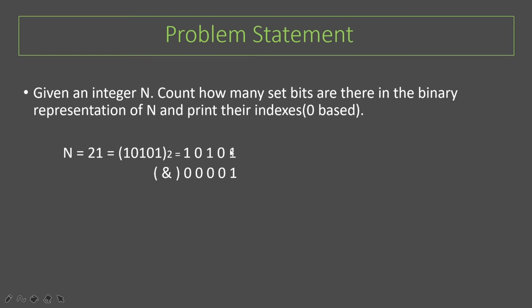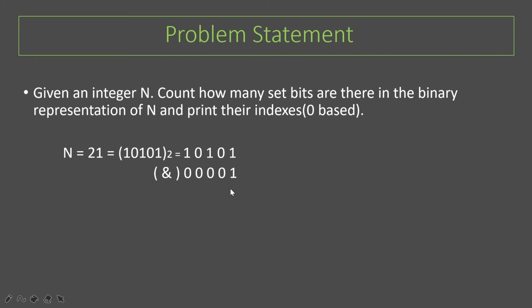Then we are thinking about only this index, right? So for that we will do an AND operation of these bits. If the bit of this index is 0, then the AND operation will give me 0. If this is 1, then it will give 1.